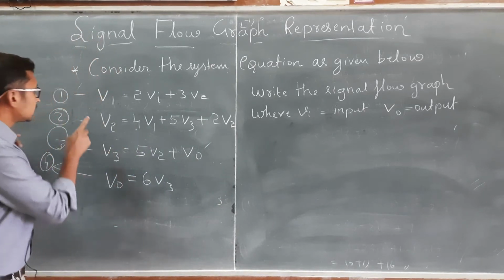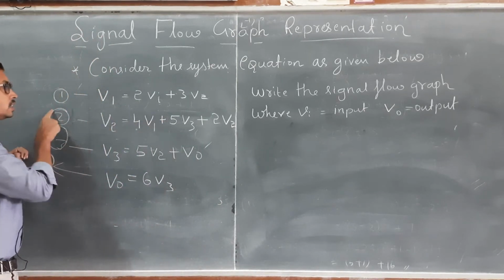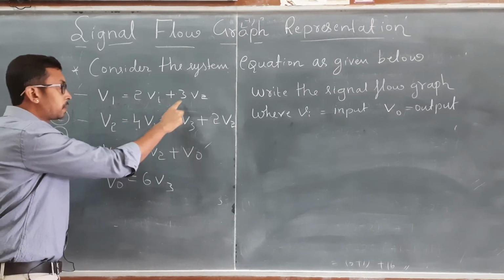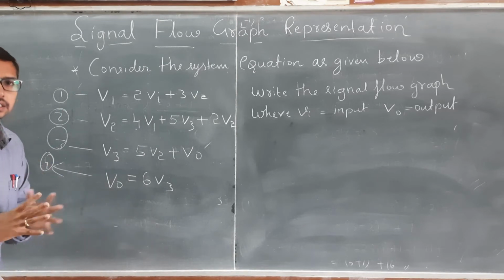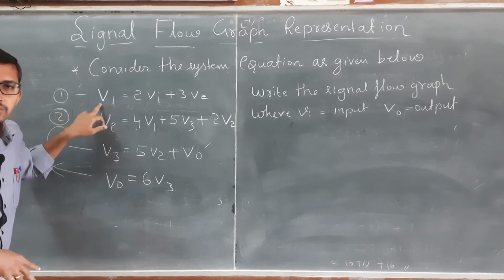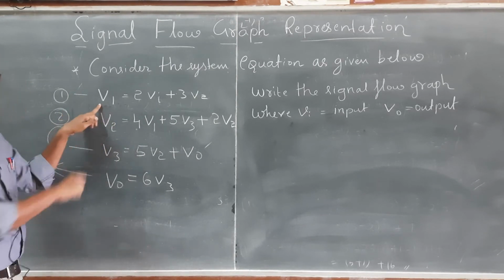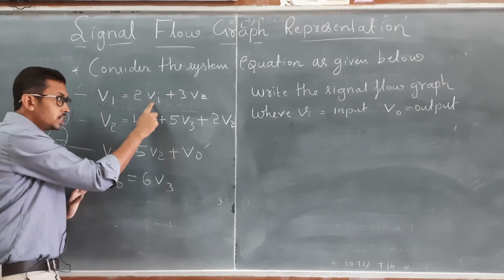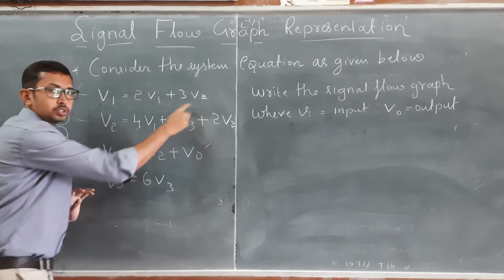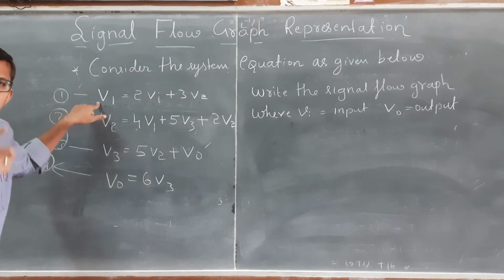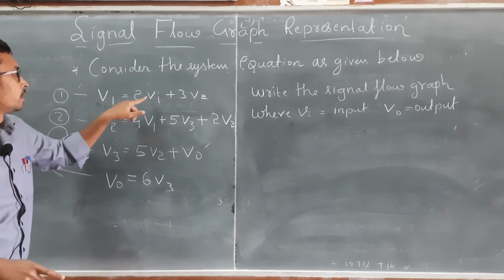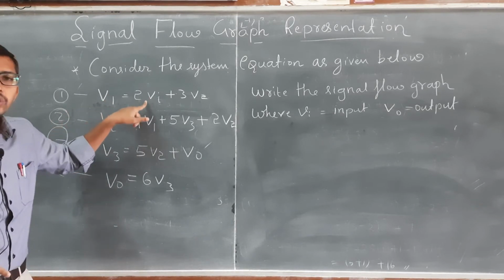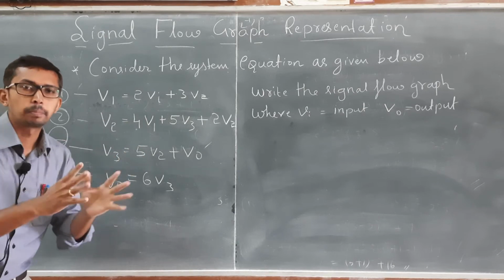So let us consider equation number 1. In this equation, V1 is equal to 2Vi plus 3V2. The dependent variable is V1. The value of V1 is dependent on the value of Vi as well as V2. So V1 is a dependent variable, whereas Vi and V2 are independent variables.